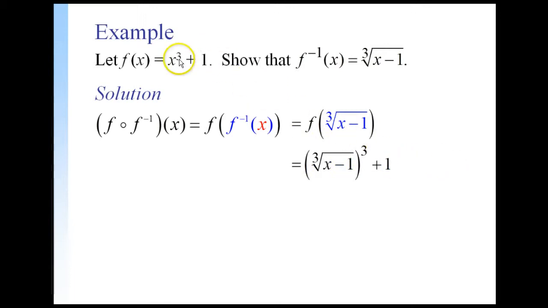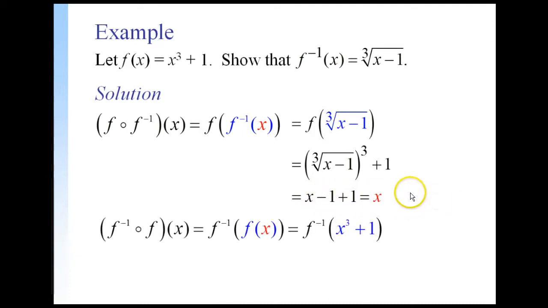We're then cubing it, and that is the one that's up there. So when we cube the cube root of something, it just becomes the radicand. So x minus 1 plus 1 is x, so that one checks out.